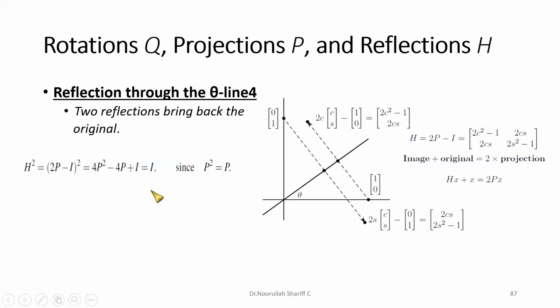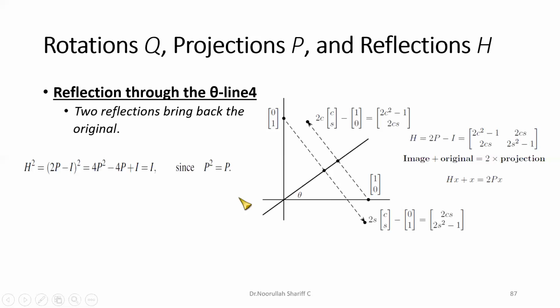So we get the value of H to be 2P minus I. The image plus the original will give you twice the projection. This is a standard format. This is the image, and this is the original, and if both are added, you'll get twice the projection.